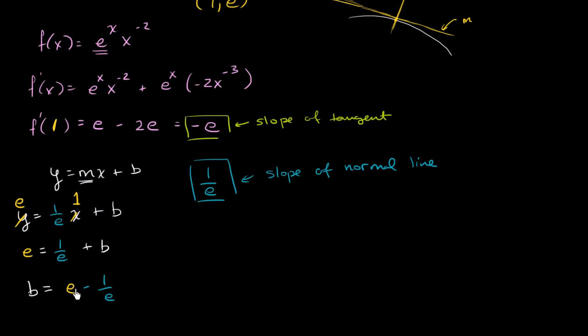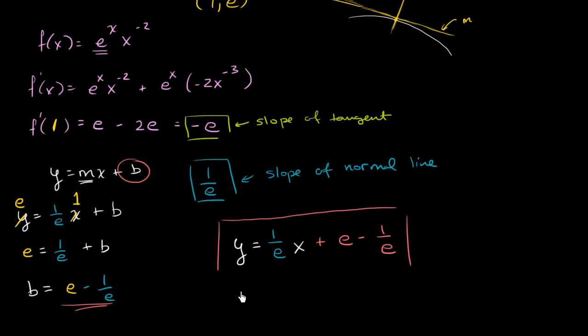But we could just leave it just like this. So the equation of the normal line, we deserve our drum roll right over here, is going to be y is equal to 1 over e times x plus b. And b is all of this. So plus e minus 1 over e. So that right there is our equation of the normal line.